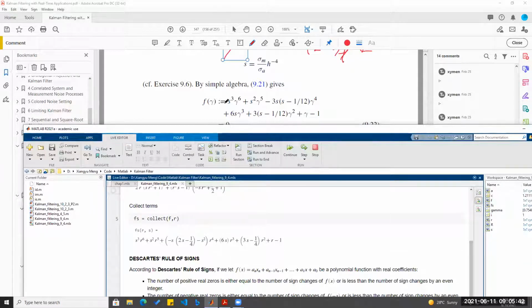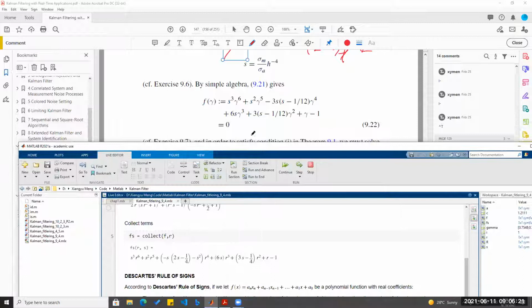You see for s power 3 gamma 6, s power 2 gamma 5, then we have 2s squared, 3s squared, minus 2s squared, then minus s squared, and minus 3s squared, then plus s over 4, then 6s, then 3s minus 1 over 4, then gamma minus 1, then it's 0.